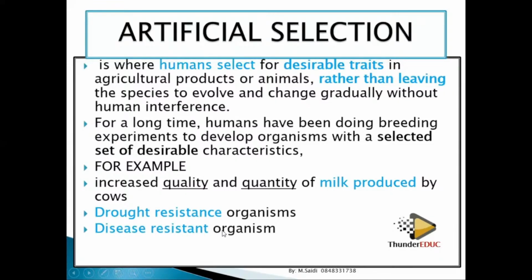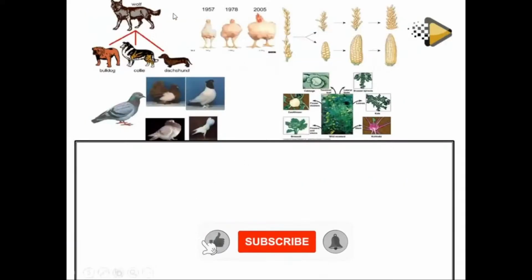Disease-resistant organisms too, they want organisms which can resist diseases. These are also benefits of artificial selection. And then increasing the sugar content in sugarcane, because they want a small sugarcane to produce a large amount of sugar.